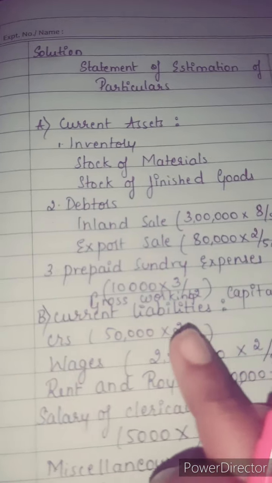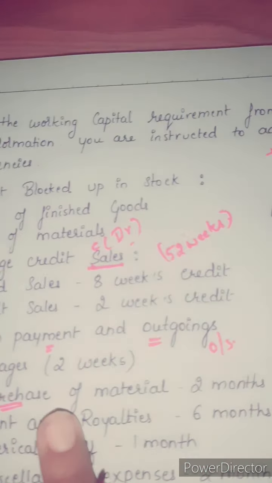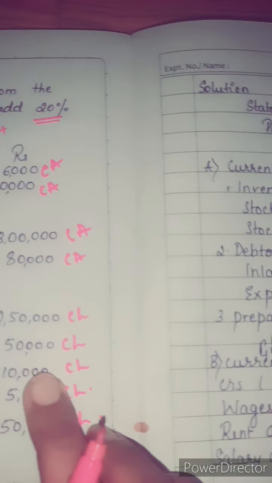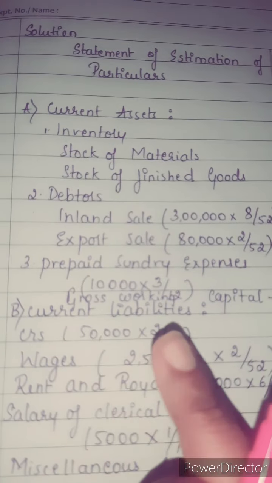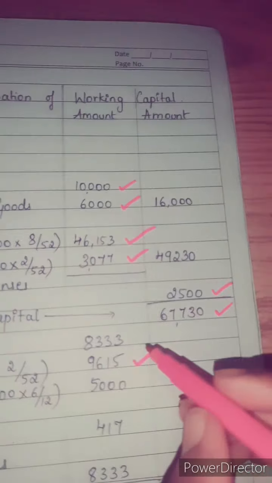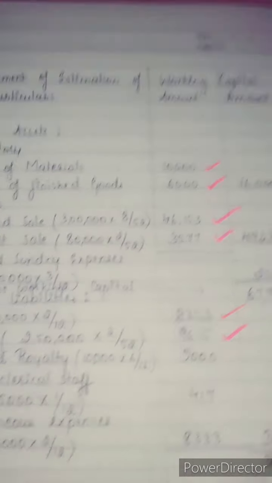So credit is 50,000 into 2 divided by 12, as it is given in months, that is equal to 8,333.